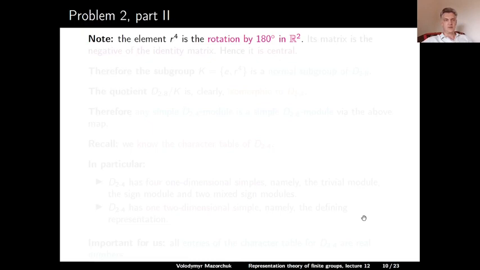In the dihedral group D2 times 8, the fourth power of the rotation is a rotation by pi in R2. And the matrix of this rotation is just the negative of the identity matrix. So this rotation is given by a scalar matrix, so it is a central element.